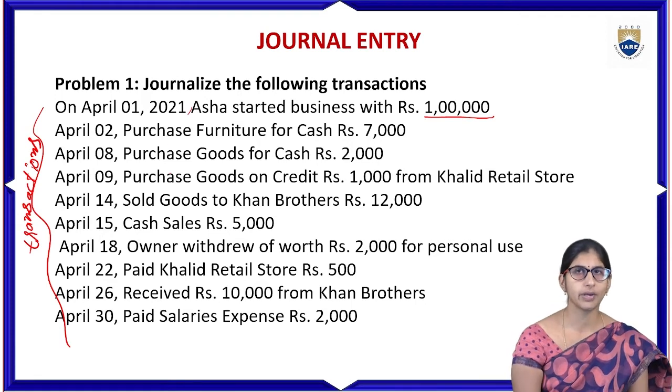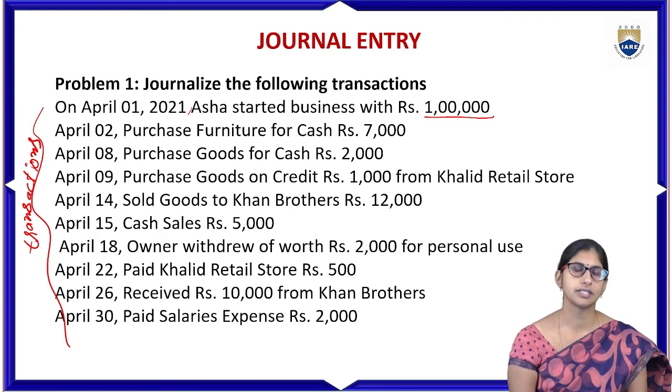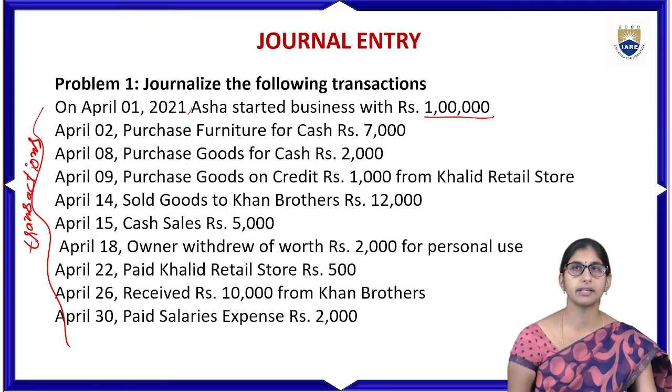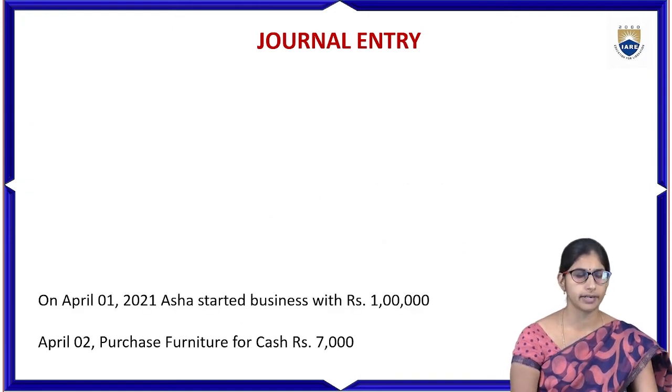So like this, we have got so many transactions in our hand, and all these transactions are to be entered in the journal book. Now, one by one, let us split these transactions into two, and let us make the entry now.